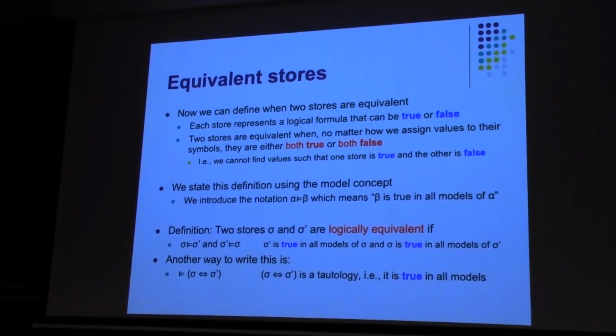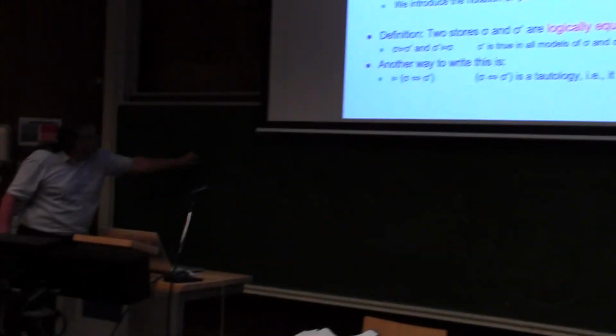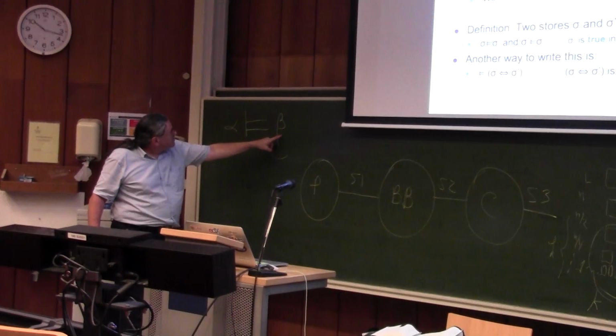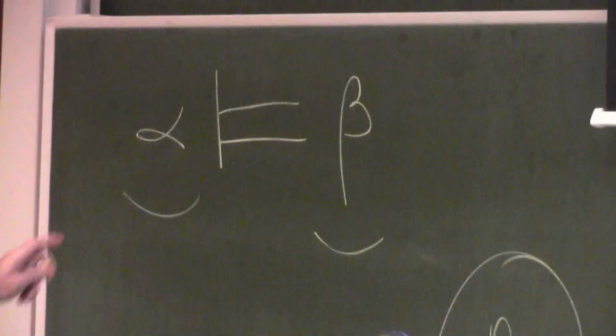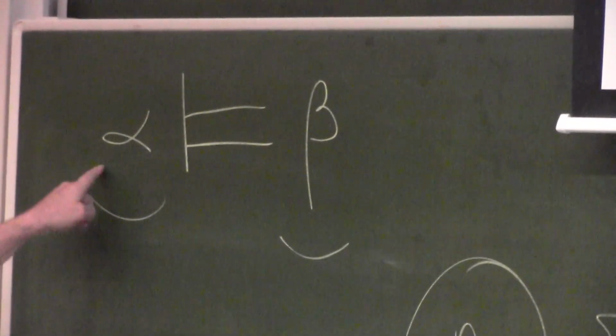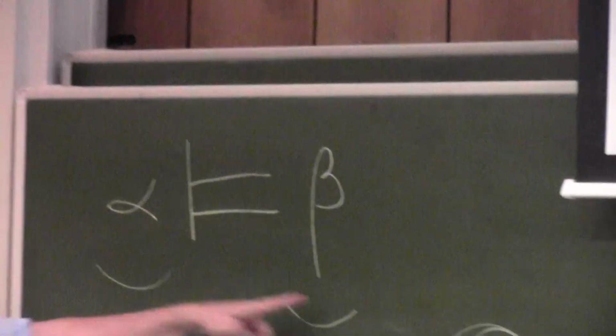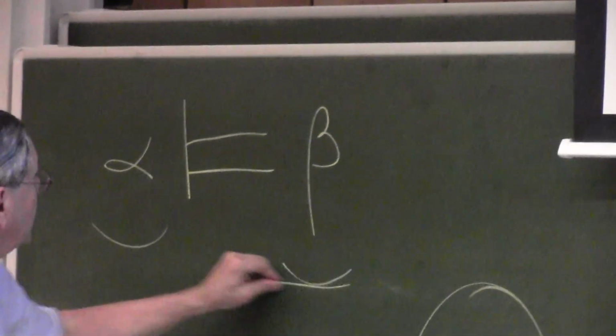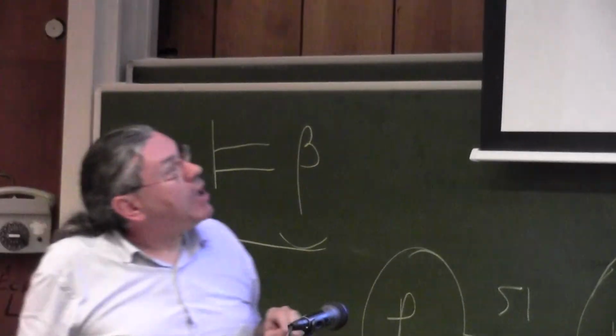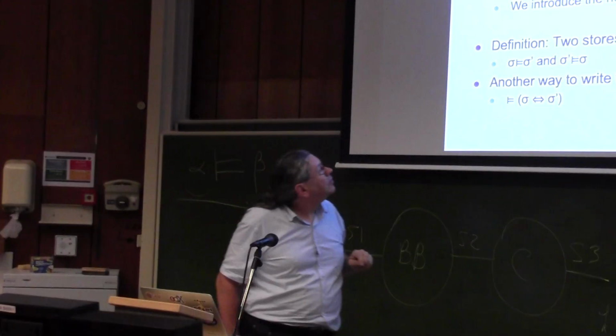So alpha is a logical formula, beta is a logical formula. What this means is that beta is true in all the models of alpha. That means I take an interpretation that makes alpha true, and beta is also true there. That's what this means. Okay? Beta is true in all models of alpha.